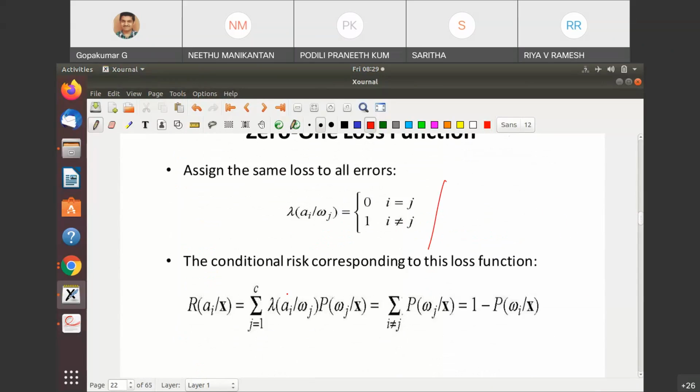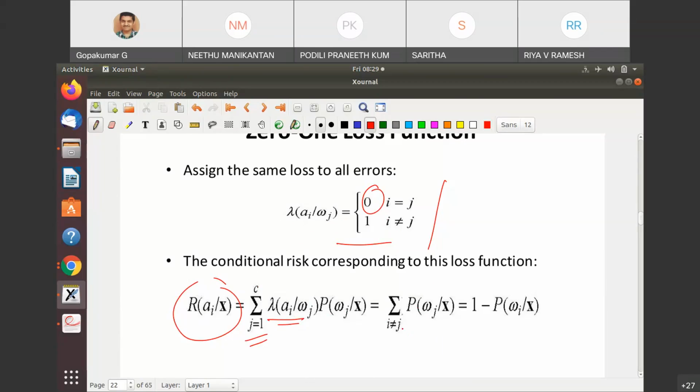In this particular equation, yesterday we saw that we are assigning this loss function, and then we can define the risk associated like this one. Here j is equal to 1 to c, but whenever we have i equal to j, we have a 0, so the corresponding lambda values become 0.